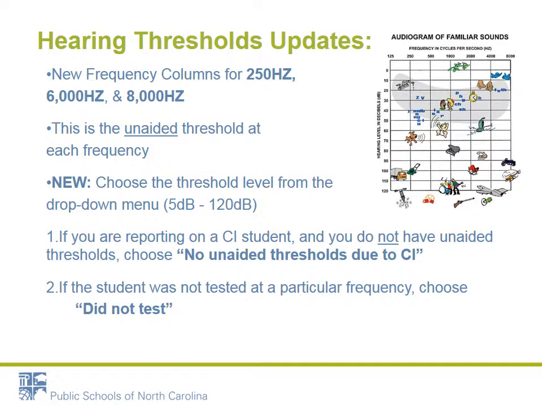Just a reminder that you're going to be recording the unaided thresholds at each frequency. If you are reporting on a CI student and you do not have the unaided thresholds, choose No Unaided Thresholds due to CI. If the student was not tested at a particular frequency, then you will choose Did Not Test at this frequency.